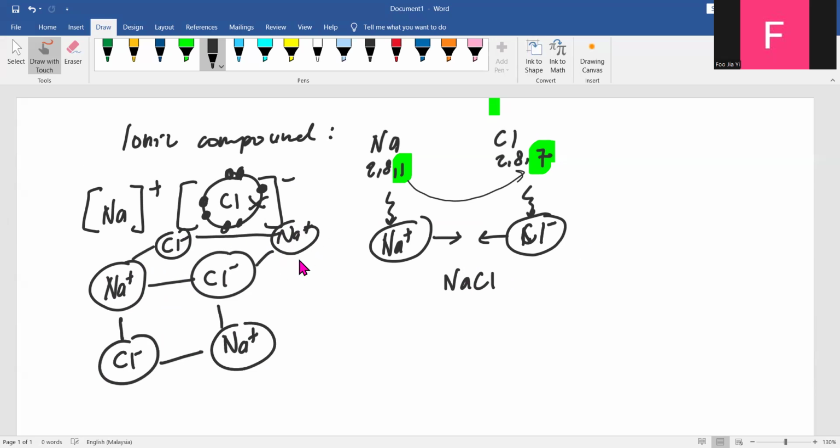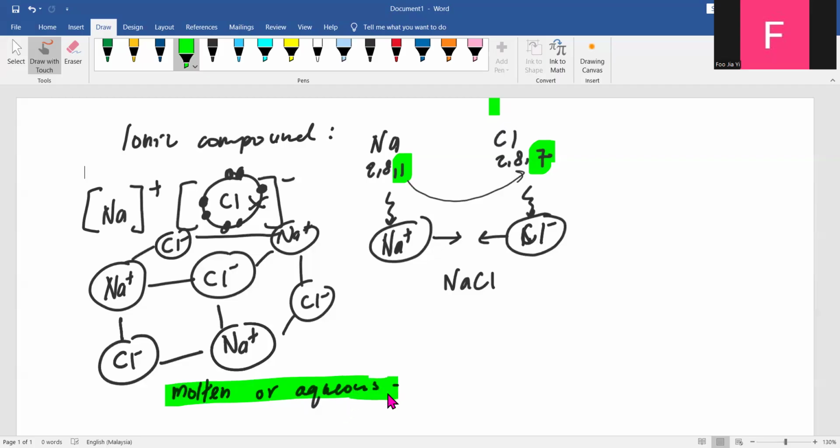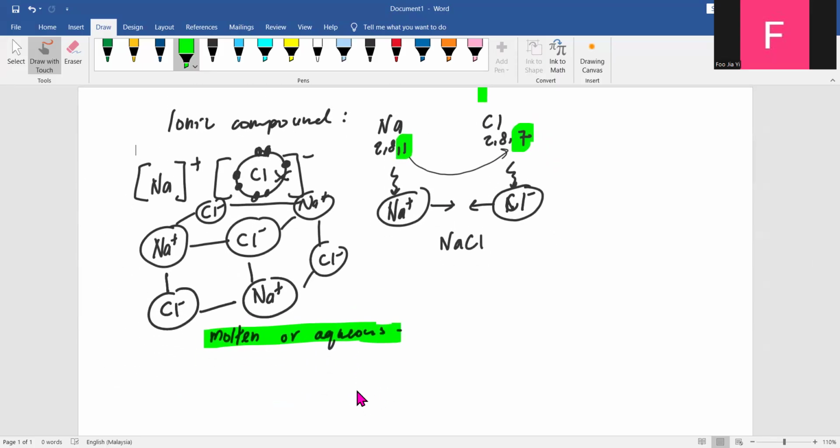Ionic compound can conduct electricity only in molten or aqueous state, because only in molten or aqueous are the ions freely moving.